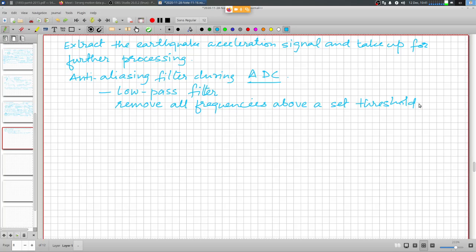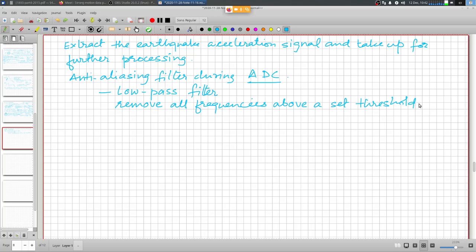Again, this threshold is user selectable, and usually it is made a function or a fraction of the sampling rate. Not all users understand the nitty-gritties of discrete time signal processing. The Nyquist rate is very well defined, depending on the sampling rate, how often the signal is to be sampled.